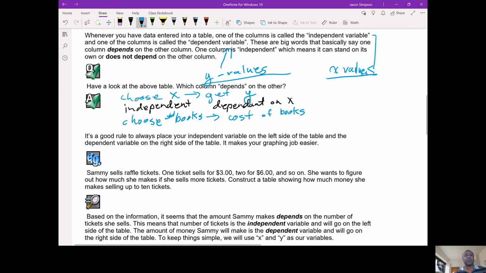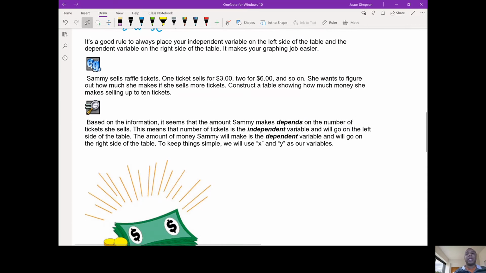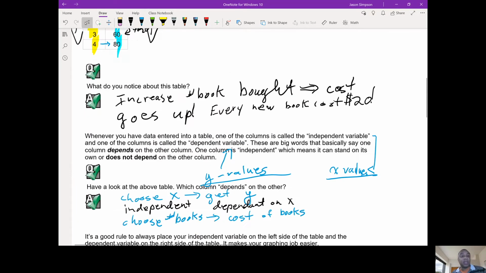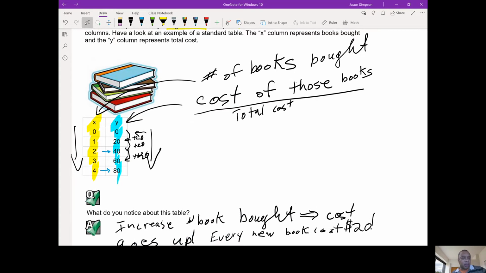Okay? Now, it's a good rule to always place your independent variable on the left side of the table, and the dependent variable on the right side of the table. So let's go and take a look. On our graph of book sales, you'll notice the number of books we said was on the left, which was our independent, right? And then the cost of the books on the right was our dependent.